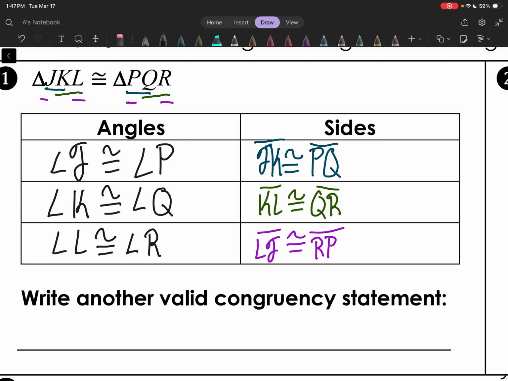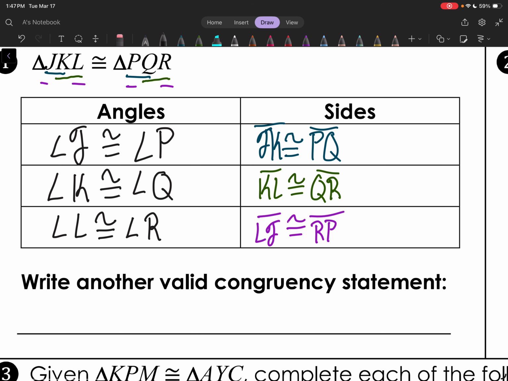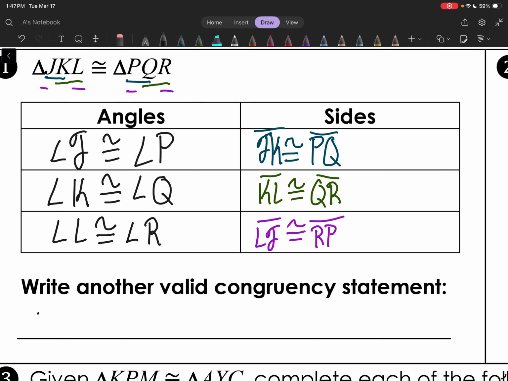Write another valid congruency statement. I have one rule. I cannot start with J or P. So I'm going to write triangle KJL is congruent to. I flipped the position of J and K, that was it.